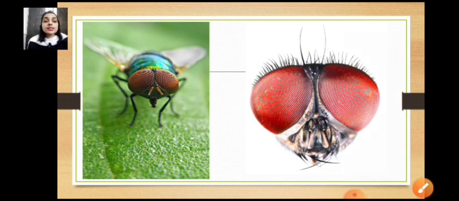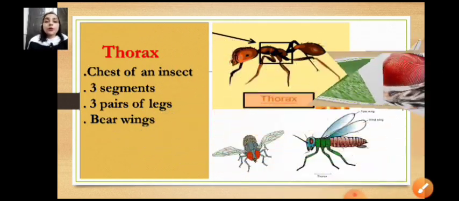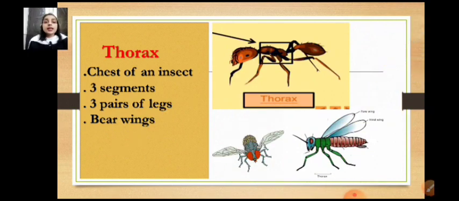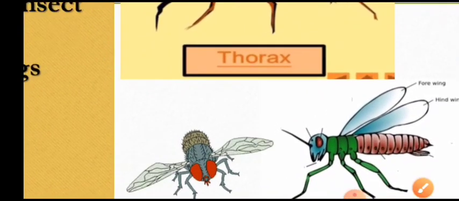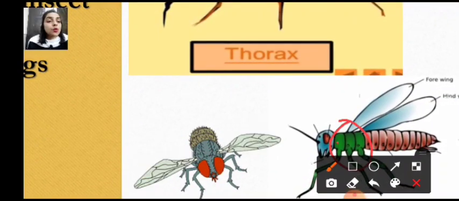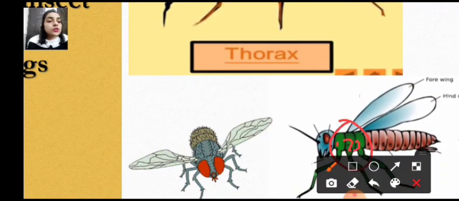Alright, so let's come to the next part of their body. This is the thorax. Thorax means the chest of an insect. The chest of the insect is known as the thorax. And it has 3 segments. Can you see these 3 segments? 1, 2, 3.